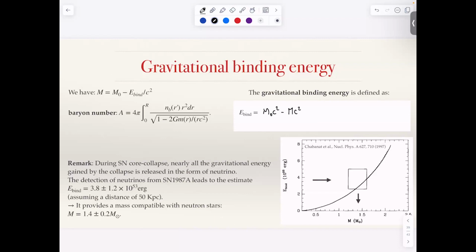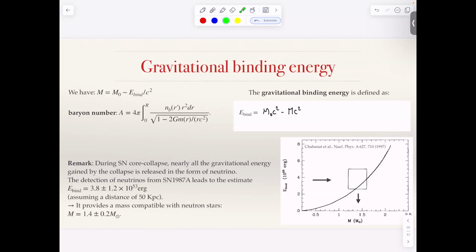Okay, and one additional thing I could add: suppose I have only nucleons in my system and I want to compute the baryon number. What I should do is take the particle density nB, the number of particles per unit volume, and integrate this quantity times my volume, and at the end I will have a number, which is the number of particles.